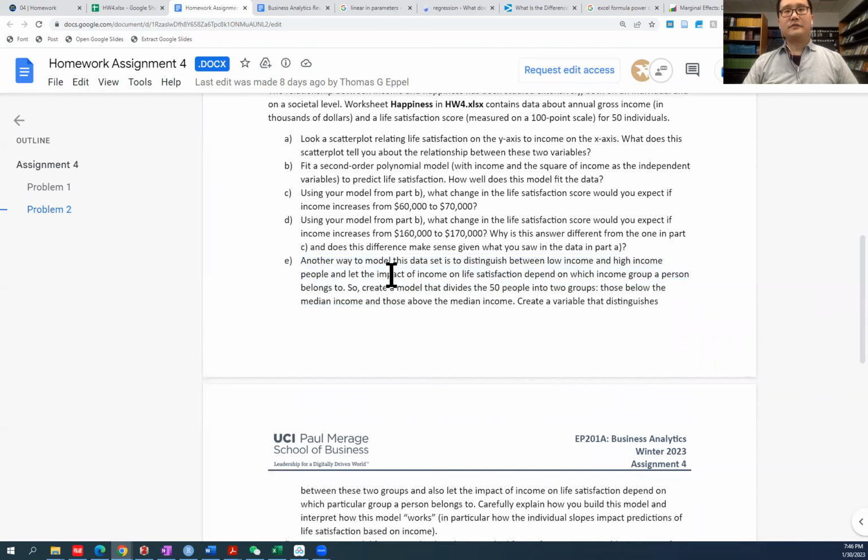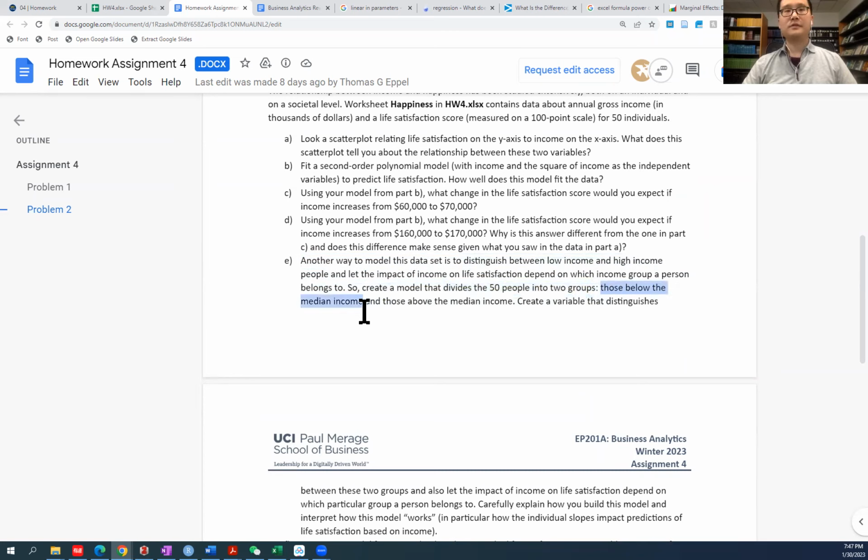Instead of introducing a second order polynomial term, there's another way to model the data set by distinguishing low and high income. So we should create a model where we divide 50 observations into two groups.